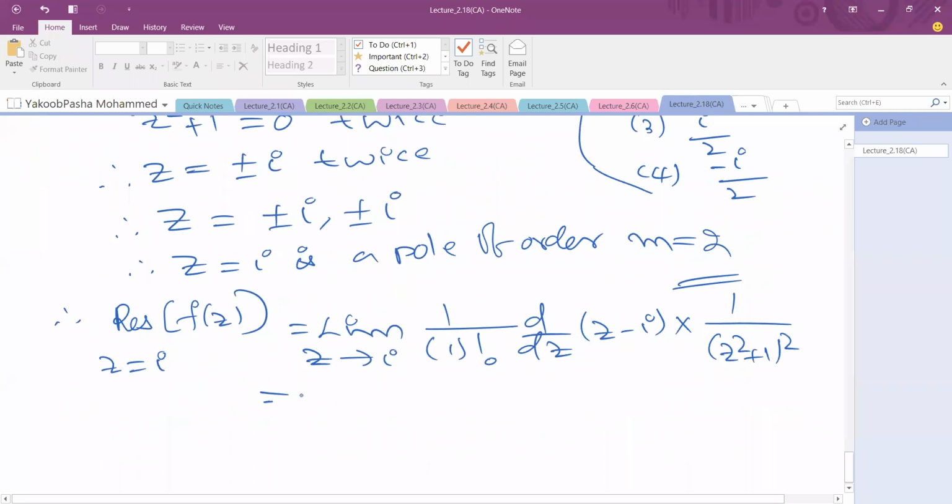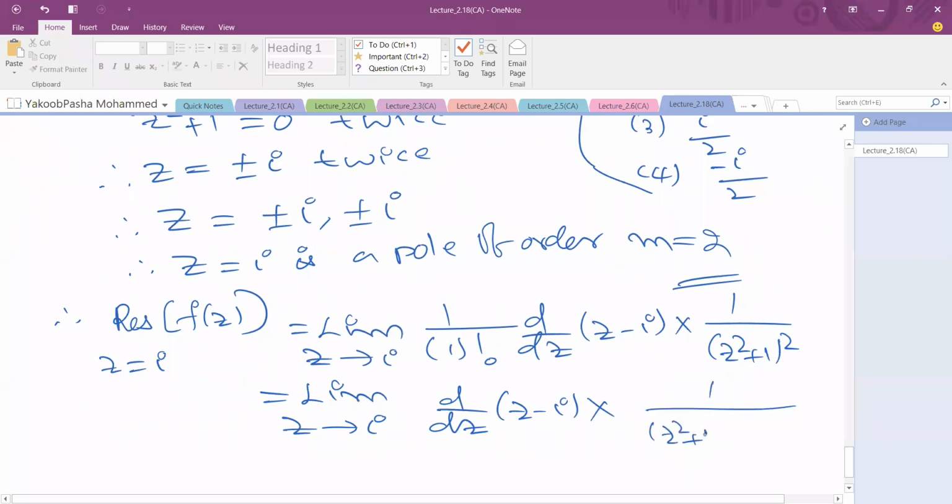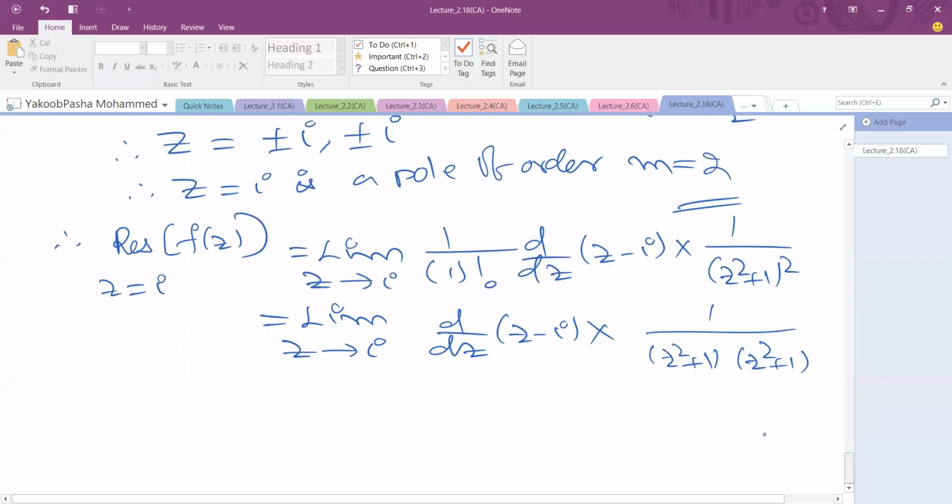So this is equal to limit z tends to i d by dz of z minus i into, actually it is z square plus 1 into z square plus 1.